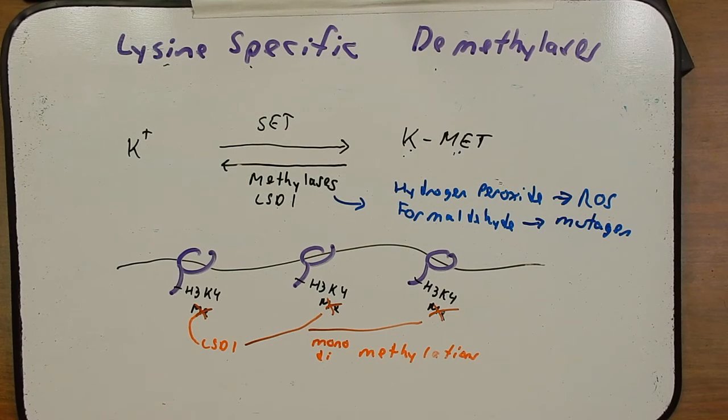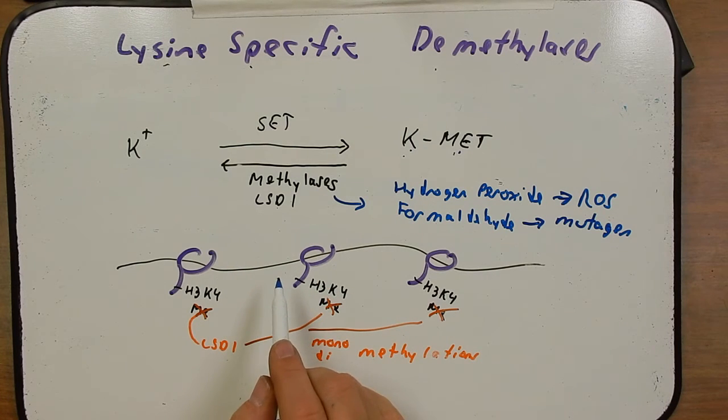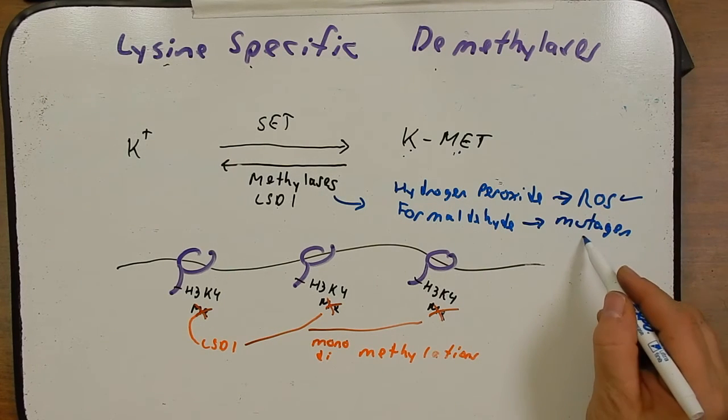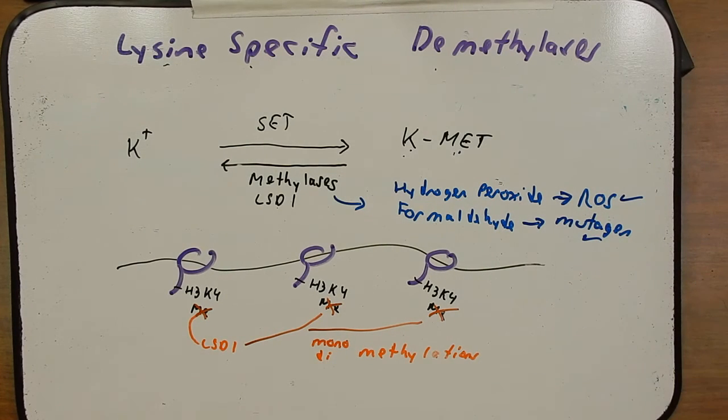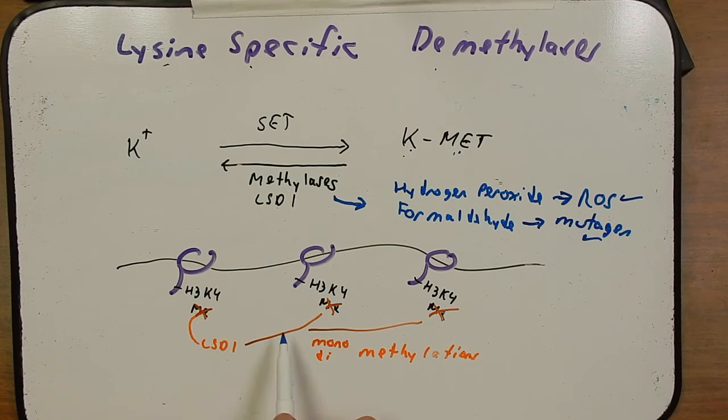And the tricky part about all this is this reaction is occurring where? It's occurring in the nucleus, where there's a lot of DNA. And we're generating ROS and this mutagen that could easily mutate our DNA. This strategy to turn off a gene must be worth it.